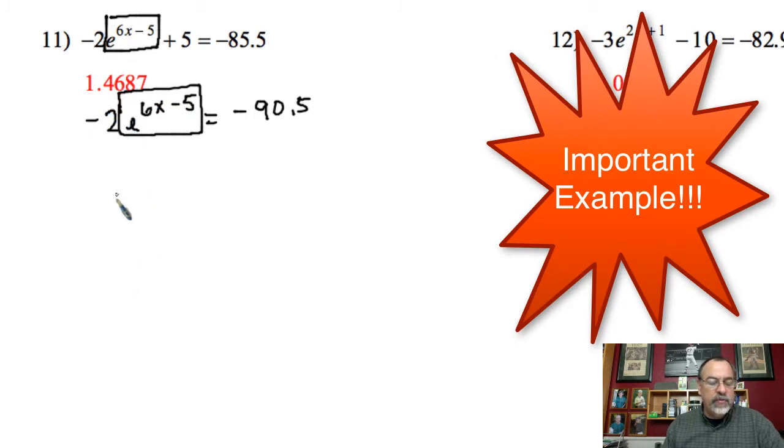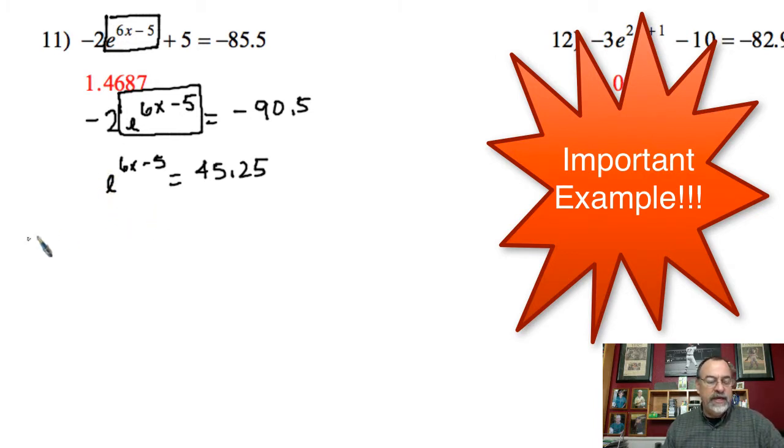So it still has this being multiplied by negative 2. So we're going to have e to the 6x minus 5 then is equal to this negative divided by negative, so it's going to be positive. And 90.5 divided by 2 comes out to be 45.25.